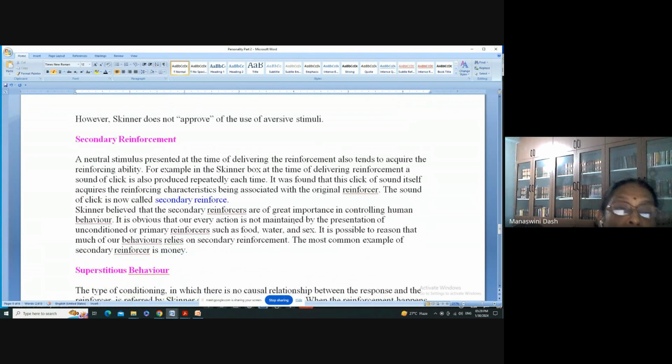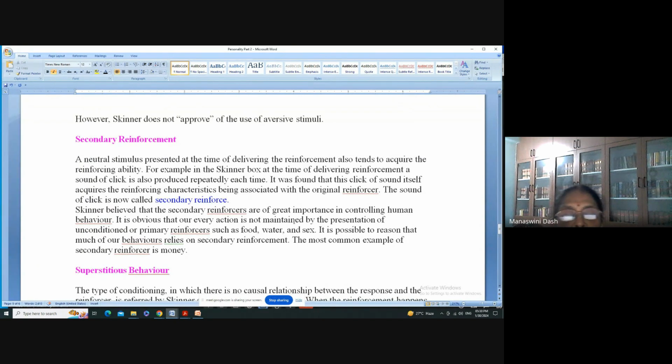Secondary reinforcement. What is secondary reinforcement? Suppose a neutral stimulus is presented at the time of delivering the reinforcement, it tends to acquire the reinforcing ability. For example, in the Skinner box, at the time of delivering reinforcement, a click sound is produced repeatedly each time the reinforcement is delivered.